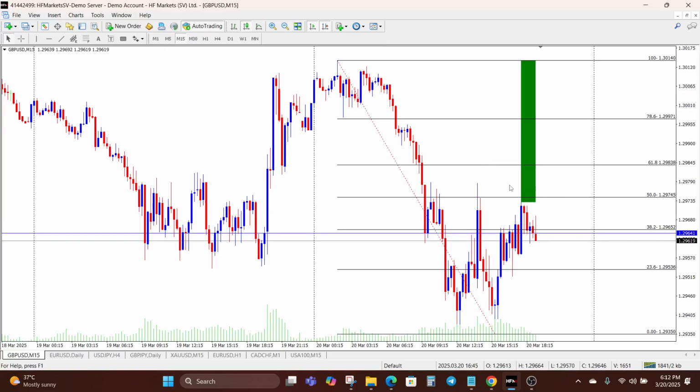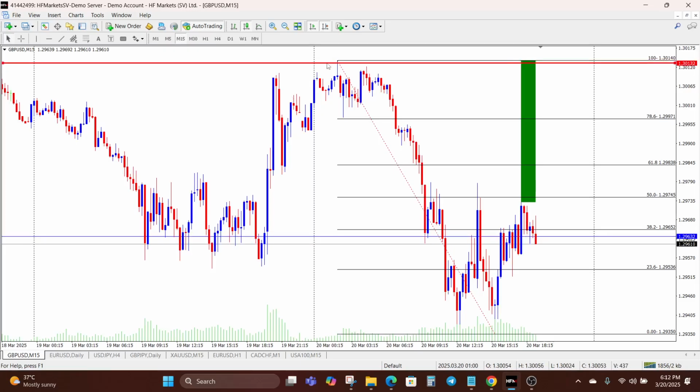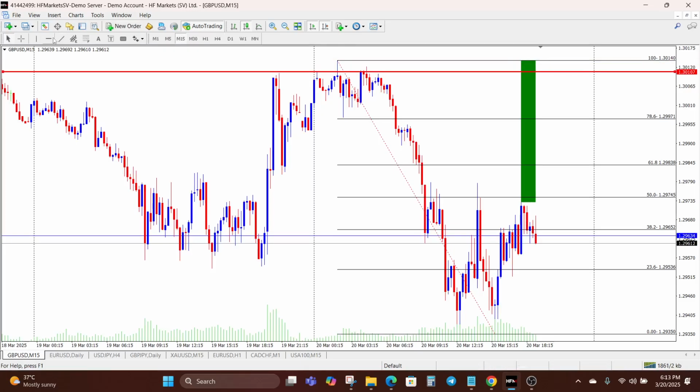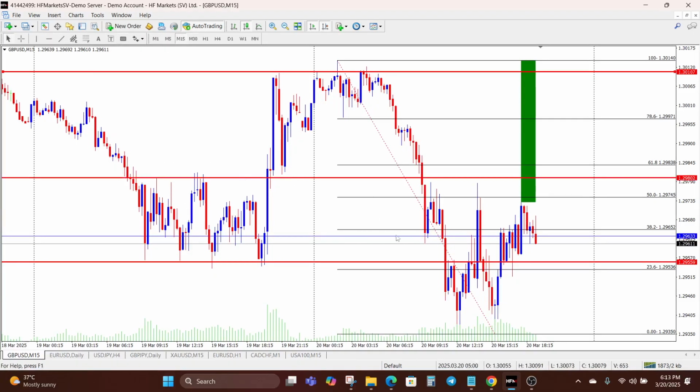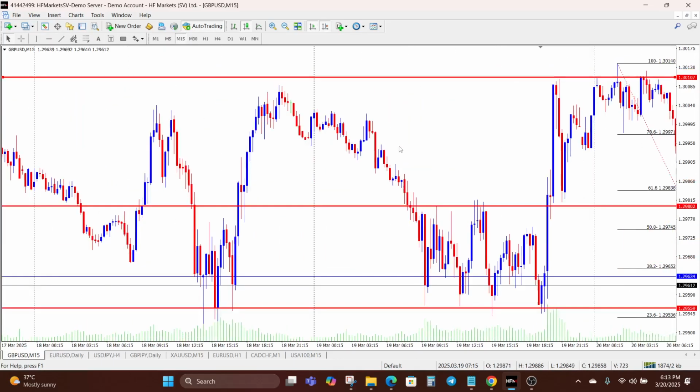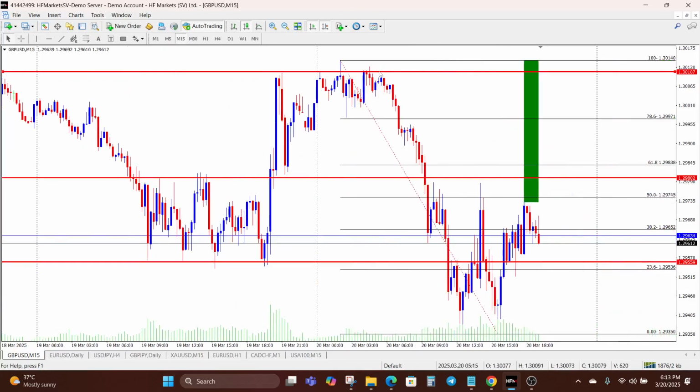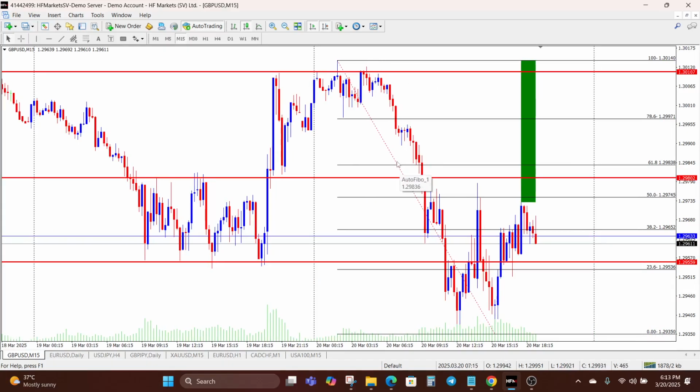If a Fibonacci level aligns with a strong support or resistance zone, or maybe a trend line, for example, we can see a resistance zone somewhere around here, a support zone somewhere around here, and a key level also somewhere around here. If you get an alignment, or at least something close, it can also add confirmation.